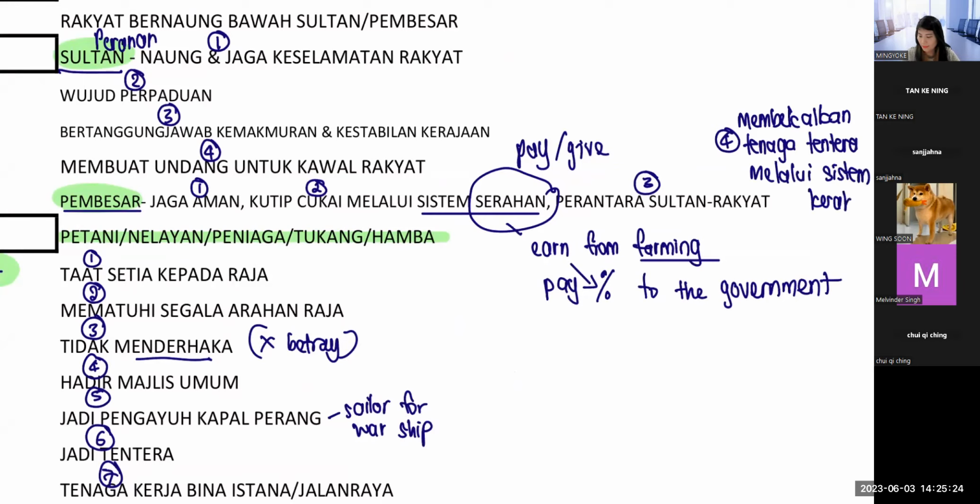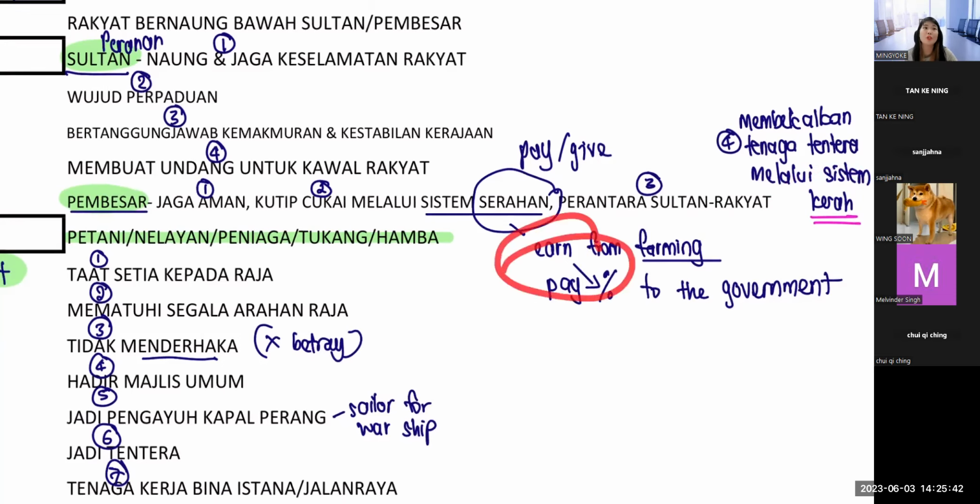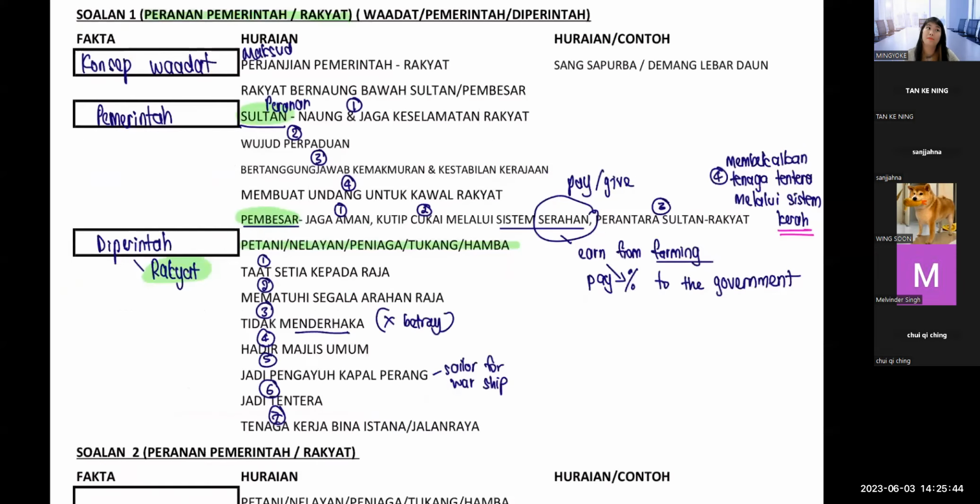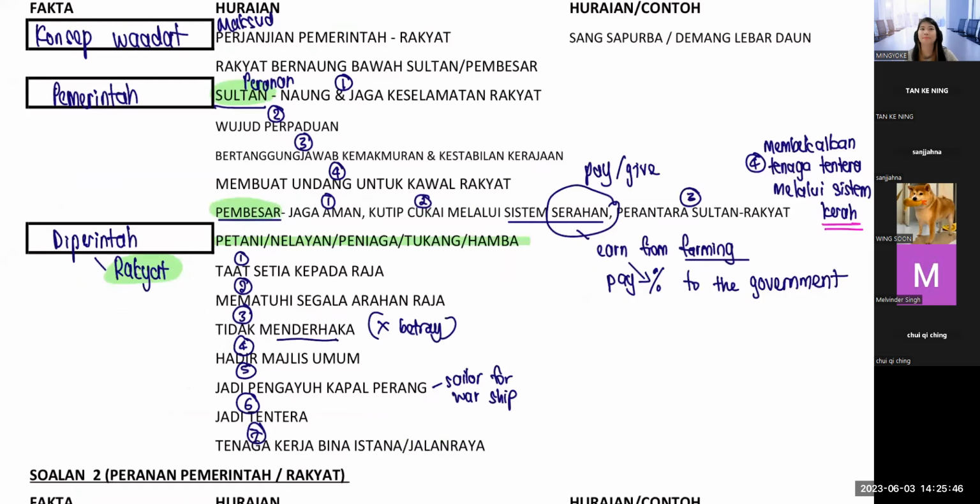System kera. Guys, system kera. What is system kera, guys? System kera means that you work for free for the government. Because you don't earn, so you have to work.